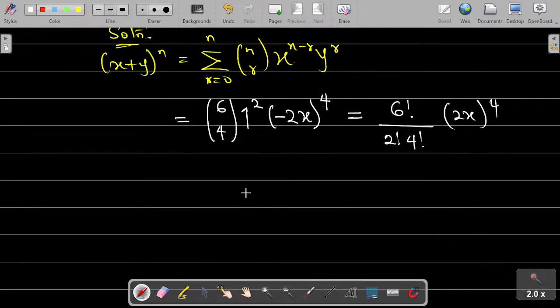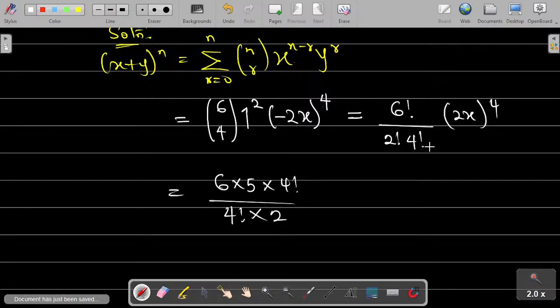We can simplify our 6 factorial as 6 times 5 times 4 factorial, and then we cancel the 4 factorial, so you just have over 2 factorial, which is 2, then multiplied by 2 raised to the power of 4, which is 16, then x to the power of 4.